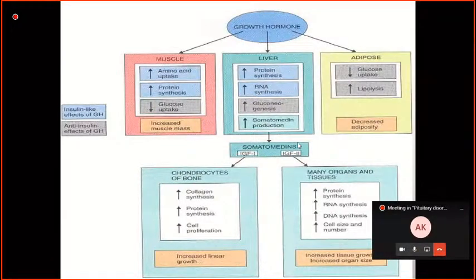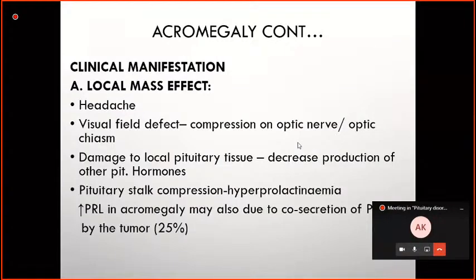Okay, so study this diagram, because you already have learned the effect of growth hormone, right? So that effect of growth hormone, you translate it into the clinical manifestation of acromegaly. It can be local mass effect. We have talked about mass effect. You can have hyperprolactinemia in acromegaly.